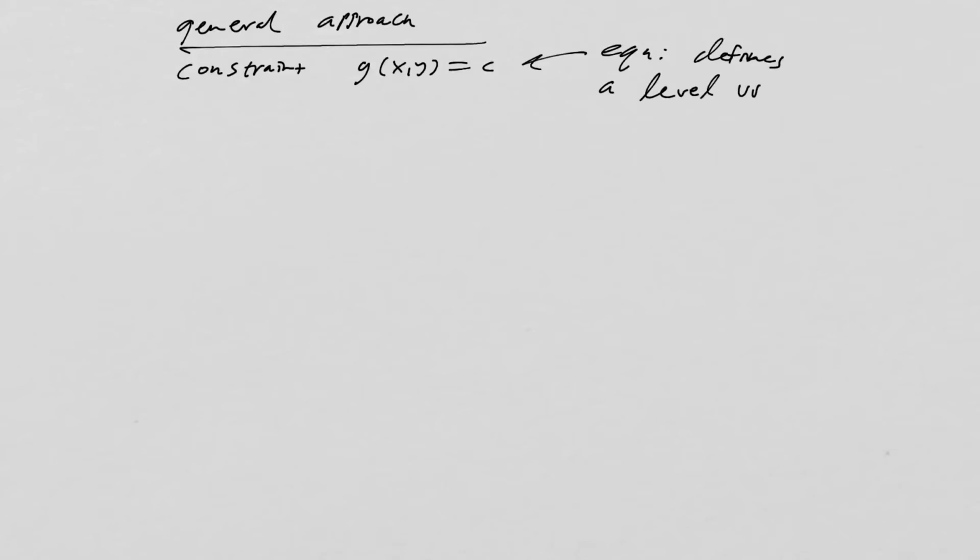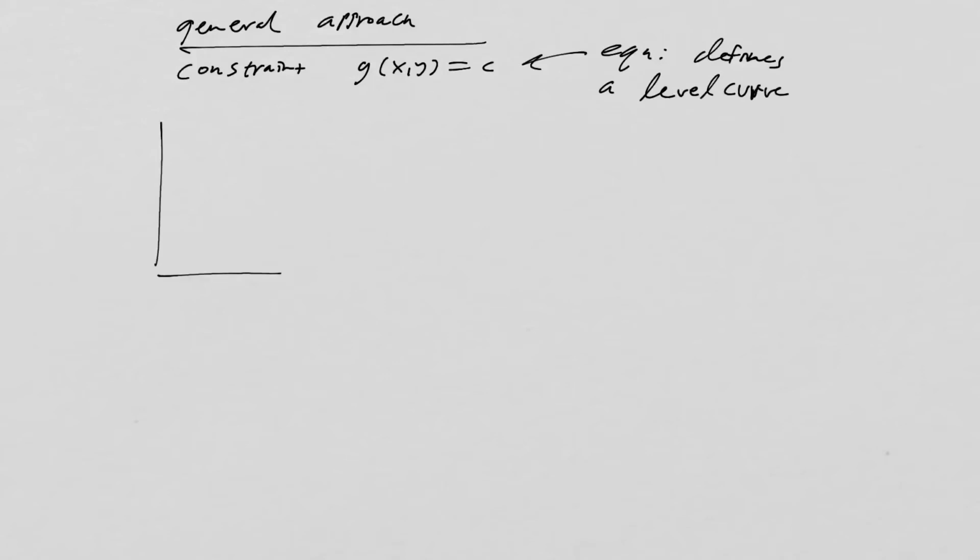So the most general approach is, of course, we have that constraint. So it's g of x comma y is equal to c. Okay, we know that this equation defines a level curve.